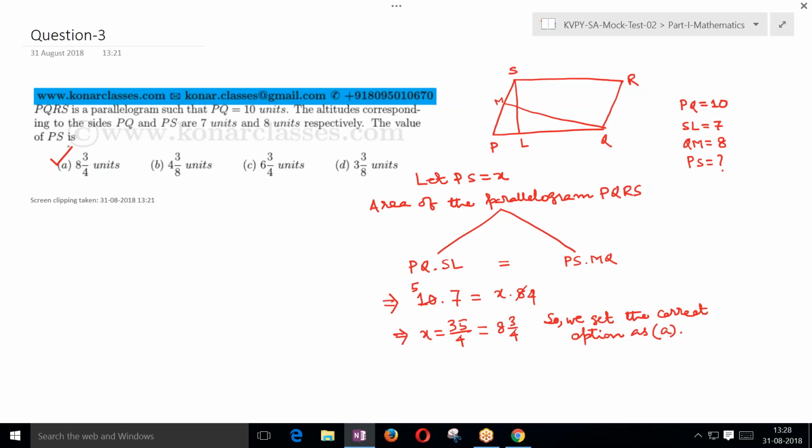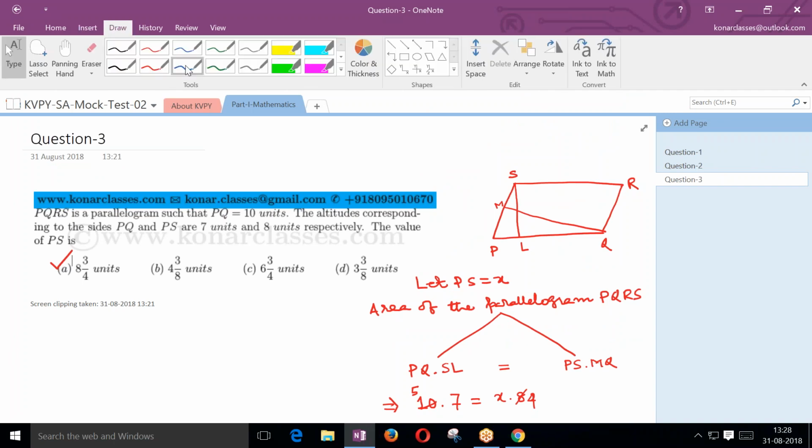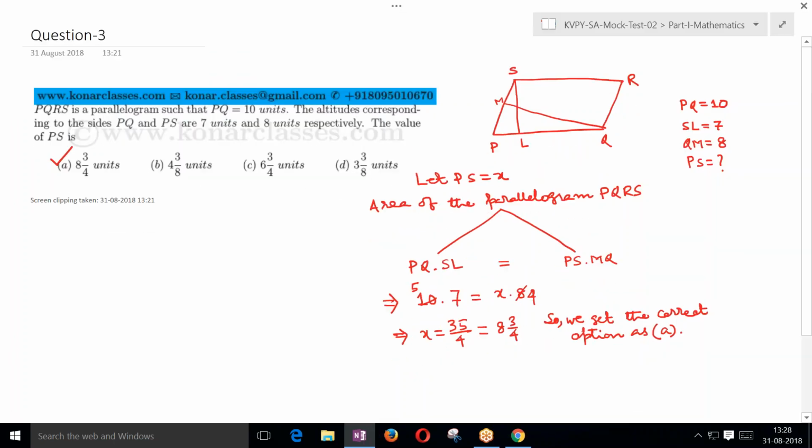If you look into this, the first base we use is PQ. The moment we use PQ as the base, we use SL as the altitude. Now another altitude is also given. Which altitude is given? MQ.